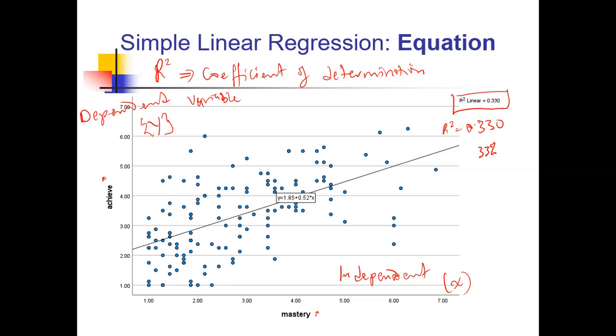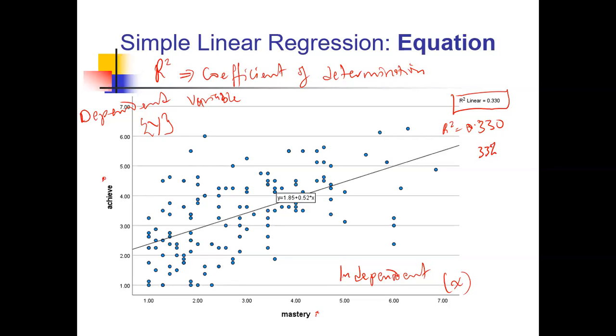If you measure somebody's mastery, you could use that to predict achievement, but only up to 33% of whatever explains people's achievement. This is not real data, it's made-up data, so what I'm saying does not apply concretely that way.